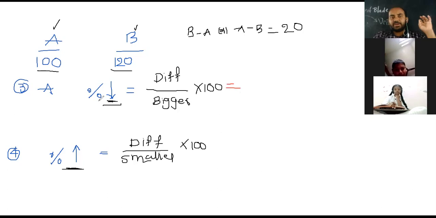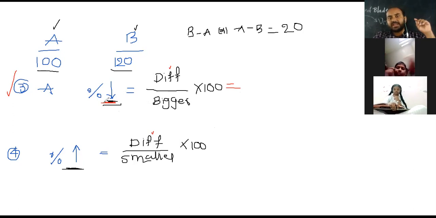See the formulas? Now, in question number 3, what are they asking, percentage less or percentage more? Percentage less. Less means the denominator is bigger. Here the difference is the numerator, and in the second, third, fourth problems also the difference is the same, either in percentage less or percentage more. The numerator is the same and into 100 is also the same. The only change is the denominator.